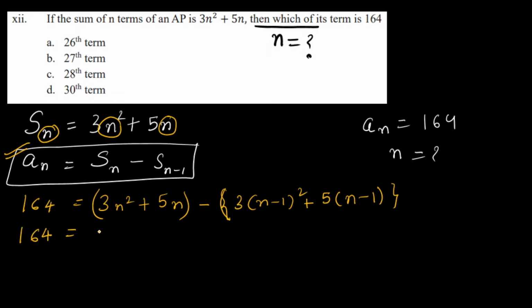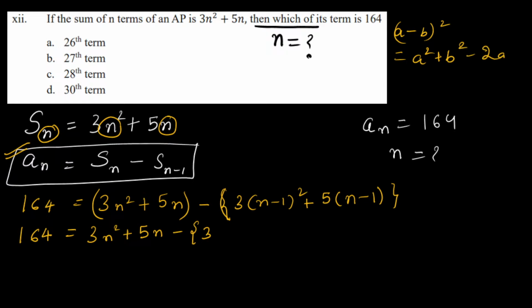So 164 is equal to 3n square plus 5n as it is, because both are unlike terms. Now inside the bracket, first of all we will solve n minus 1 whole square. We can apply the identity: a minus b whole square is a square plus b square minus 2ab.